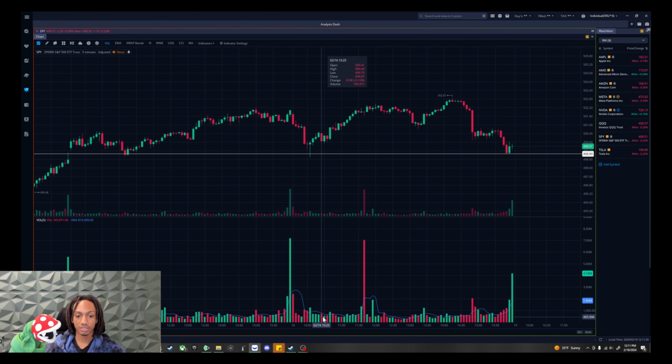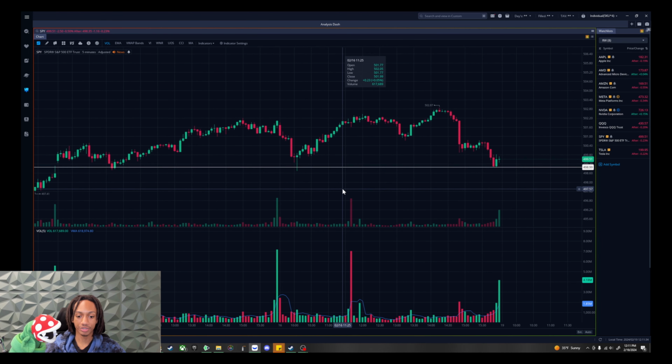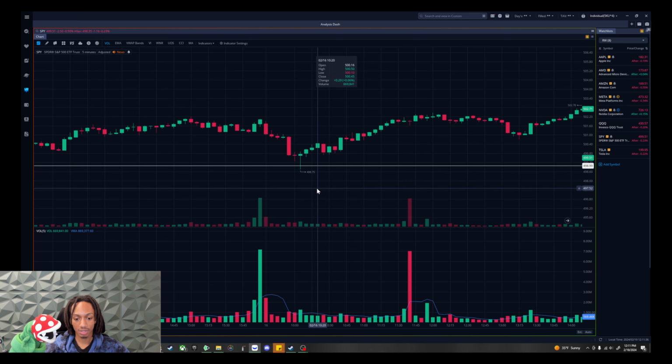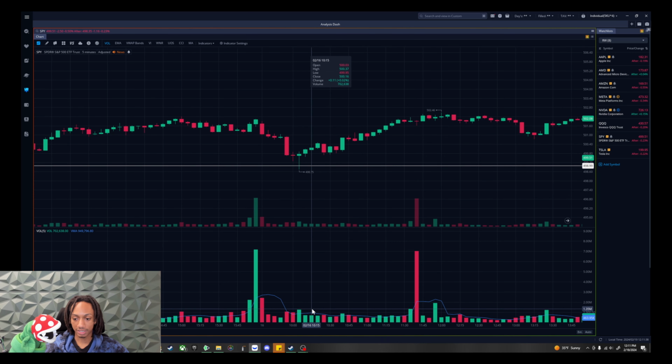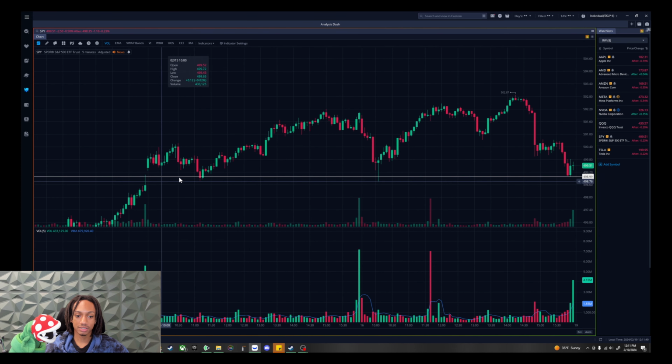So look at this down here. I just included this so you can see the volume a little bit easier. It actually has the histogram and it's labeled so you can see the volume, right? So look at this. We're at this level right here.